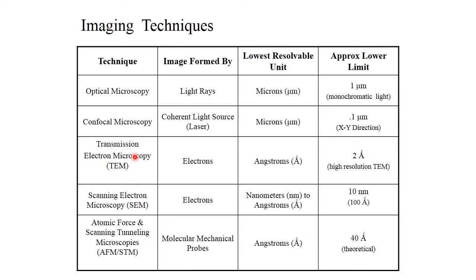Electron microscopy, transmission and scanning, both make use of a beam of electrons. The electrons are incident onto the specimen, and the way the electrons interact with that specimen is used to produce an image.